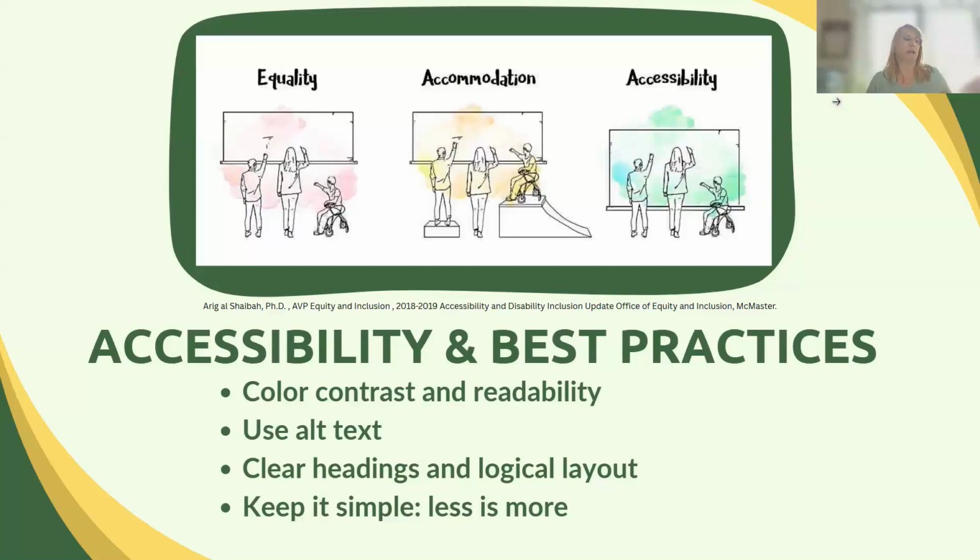Now, I've touched only on the visual part of the accessibility best practices. And obviously the three main ones are the color and contrast, and make sure that everything is readable. Use alt text always, especially if it conveys any type of meaning that the students are going to need to know. And also make your headings clear and logical in a layout.